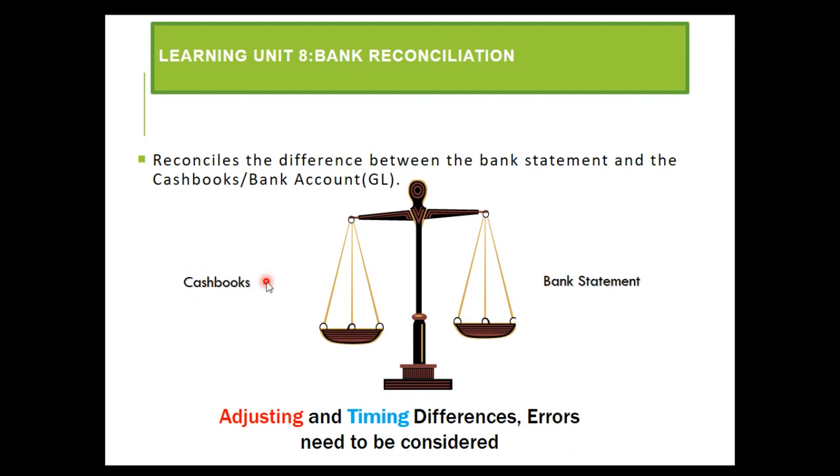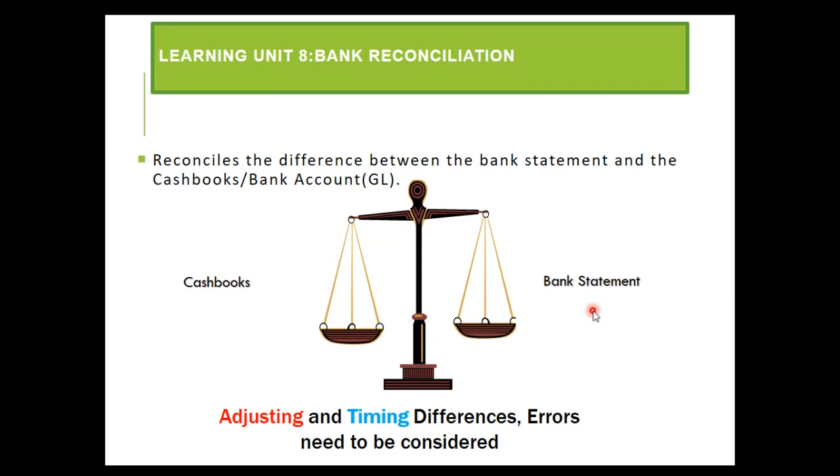Can you see now? So errors which have been made, let's say, by one of our accountants or our bookkeeper, who made a mistake by recording in the cash book, we will rectify those errors in the cash books. But if the error has been made by the bank, that means it is appearing on the bank statement. That error will always be rectified under what? The bank reconciliation statement. So you need to be careful when there's an error.